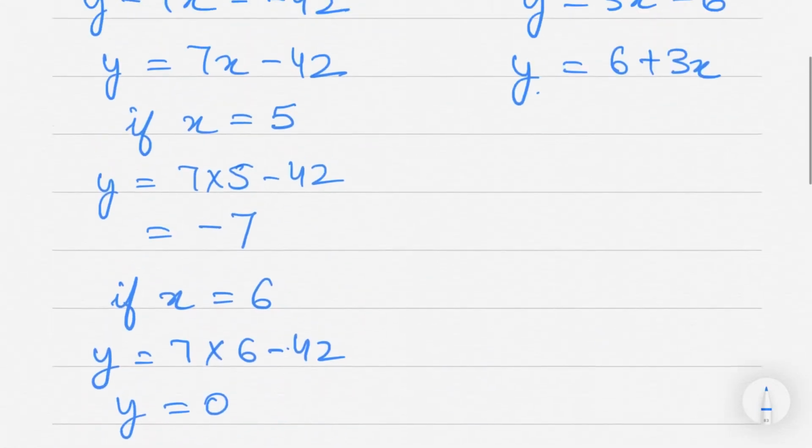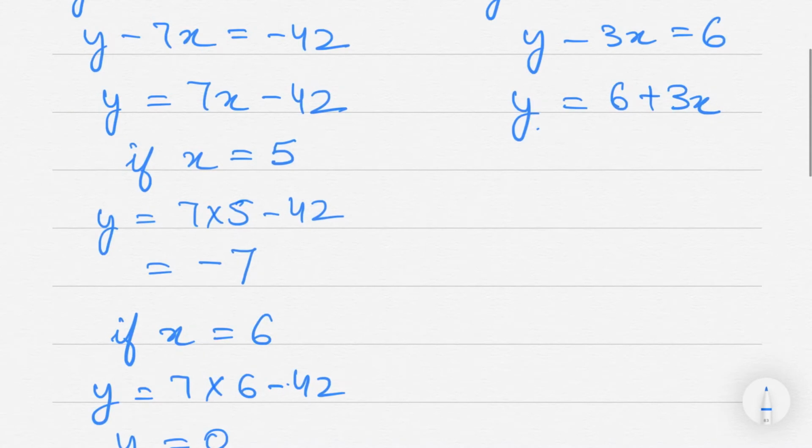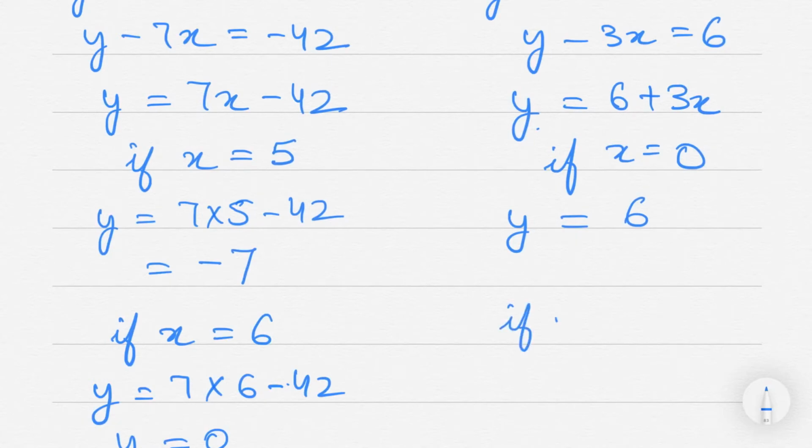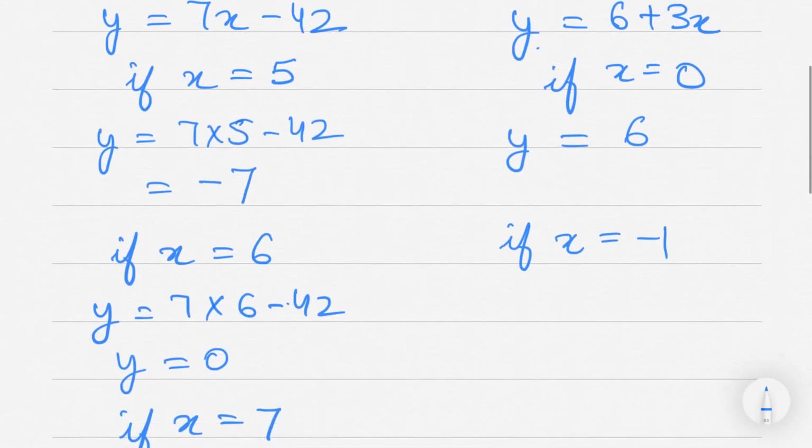Okay, let me go to the second equation. Here if I take x is equal to 0, then y would be equal to 6. If I take x as minus 1, then y would be equal to 6 minus 3, so y would be equal to 3.